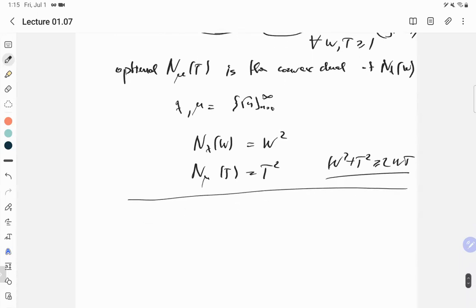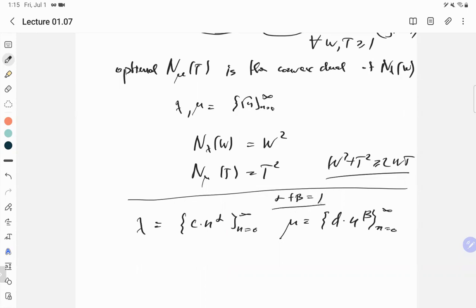And one can do other things. For example, say lambda is a sequence of other powers, c times n to the alpha, and mu is a sequence d times n to the beta, for n from 0 to infinity, and alpha plus beta is 1.